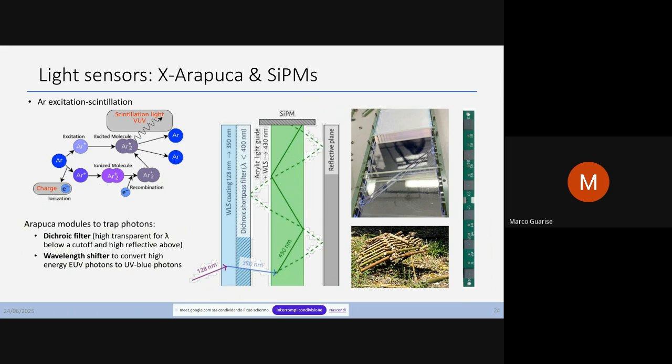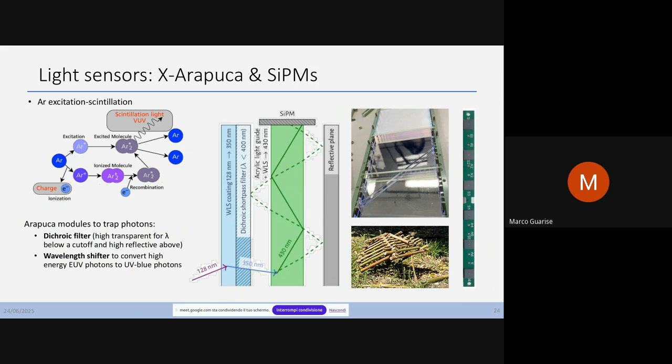So the 128 nanometer light from scintillation of argon enters these wavelength shifter bars and is converted into 350 nanometers.